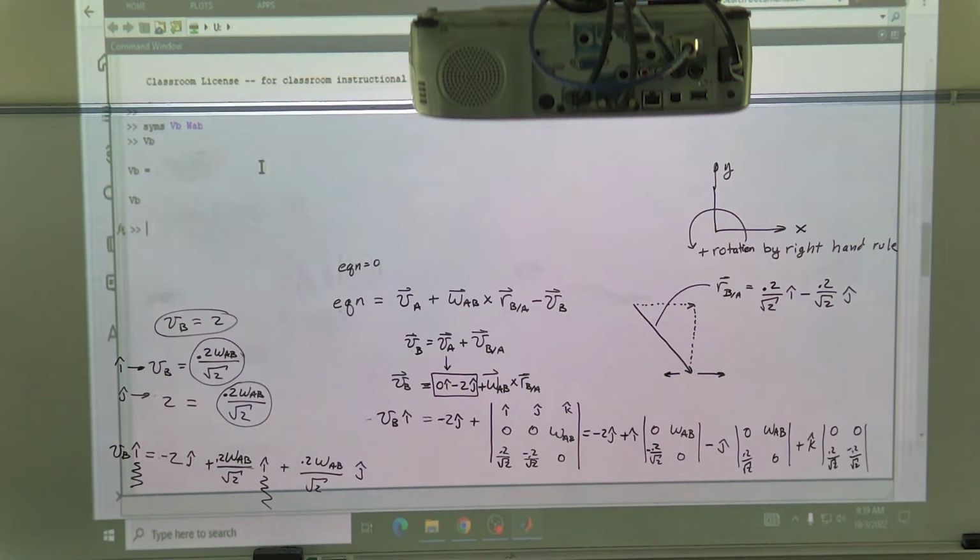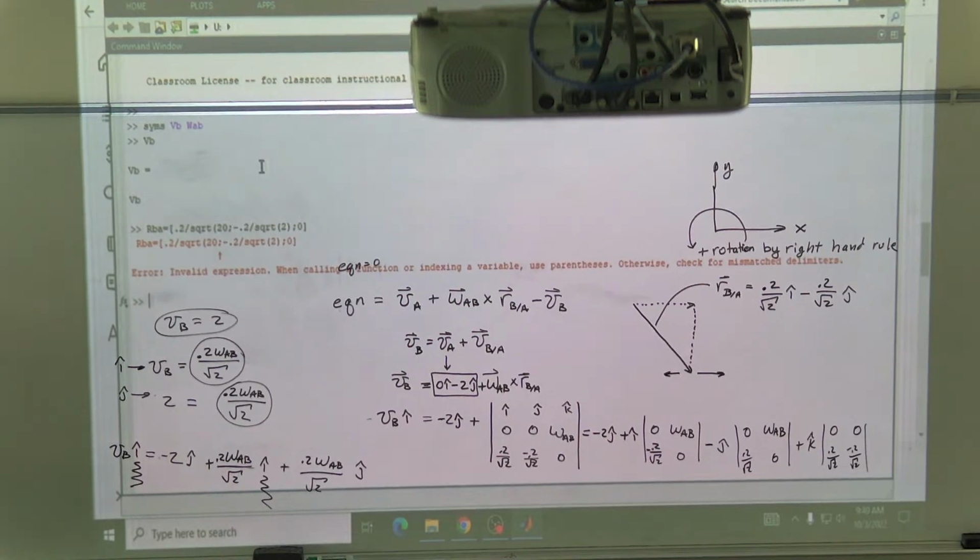And first of all, I need to define my vector. I'll say R BA is equal to, and the vector is 0.2 over square root of 2. And as a vector, it needs another 0.2 divided by square root of 2, and it's always going to have 3 components.